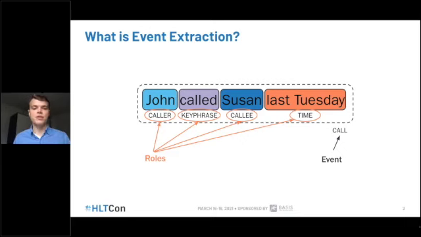So, in this case, you'd have John, Susan, last Tuesday. These are pieces of that event that actually manifest in the text that we're identifying.